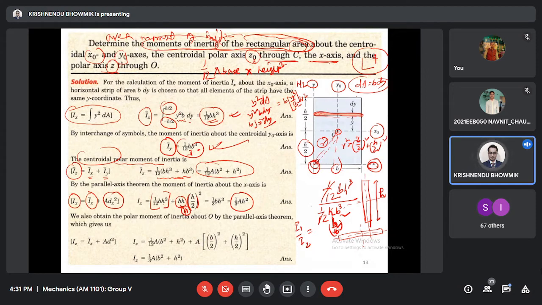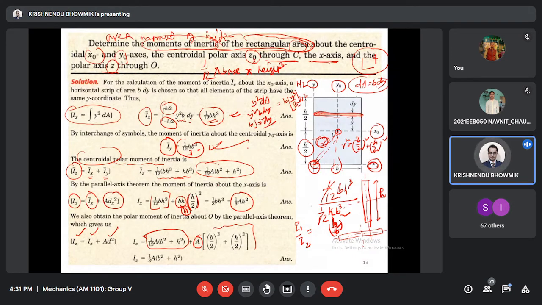And this is the centroid. So here the value of Iz will be Iz bar plus A d square. Iz bar you already know, this is the Iz. A is this area, b multiplied by h, and then R square. This R square equals this and this. Then whatever value you get, you can calculate.